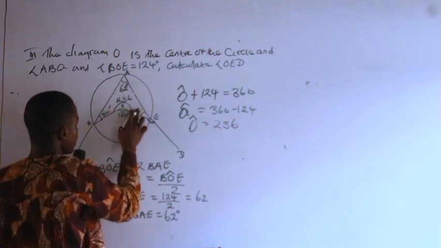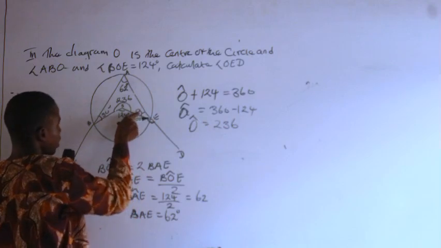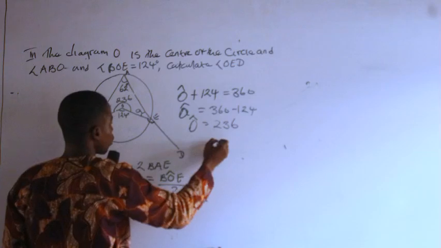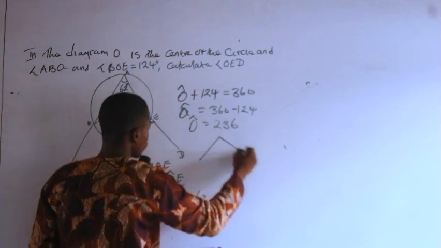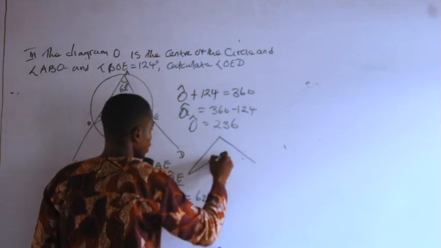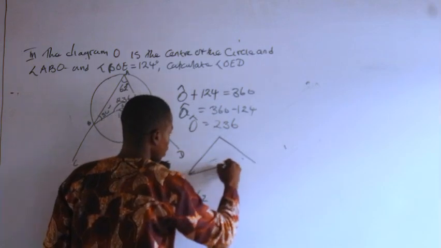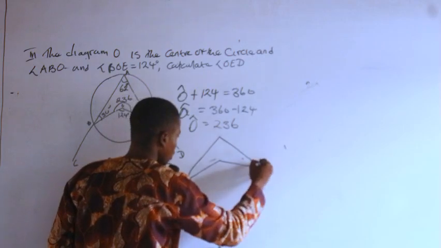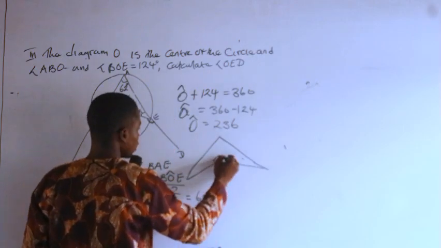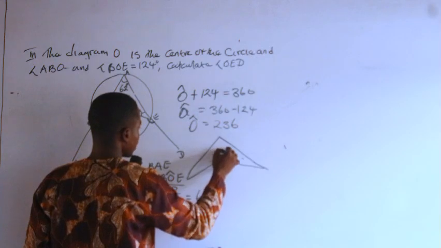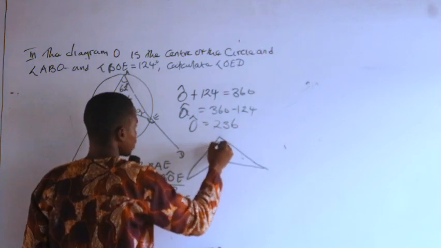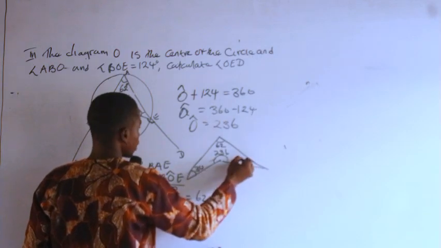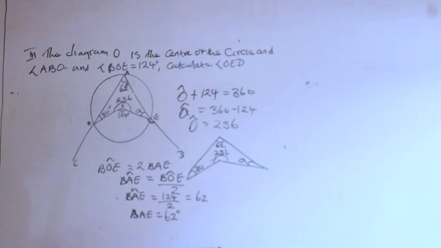With the angle of this place, I can call this place A. I'm talking about the angle of this. What is the angle of this? 236. What is the angle of this? 62. What is the angle of this? 30. And this one is A.